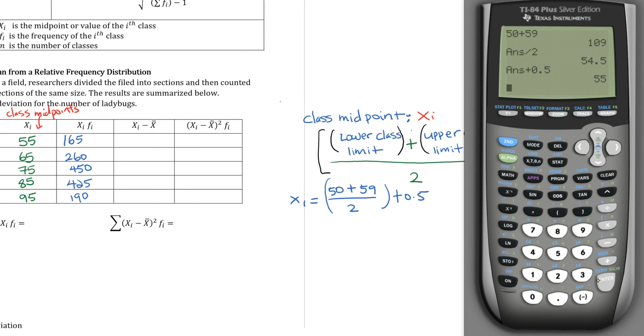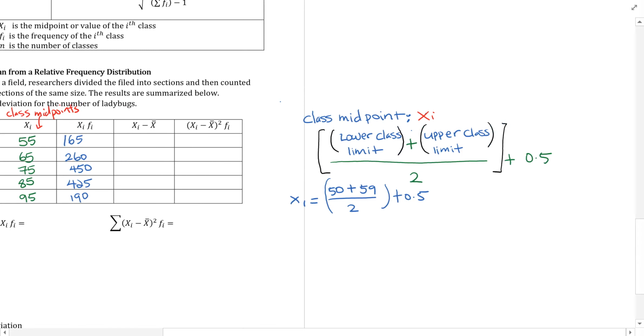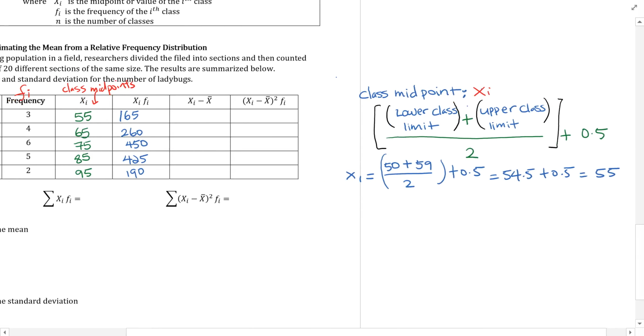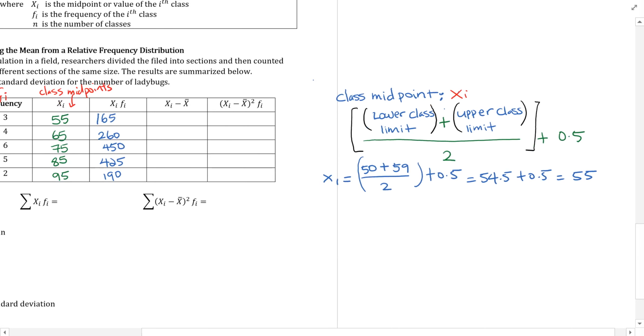That gives 54.5 plus 0.5, which gives me 55. And that's how I get the number 55 over here. Let me color code it so you know how I get that number. So this is 55, and that's the 55 that I got over there.